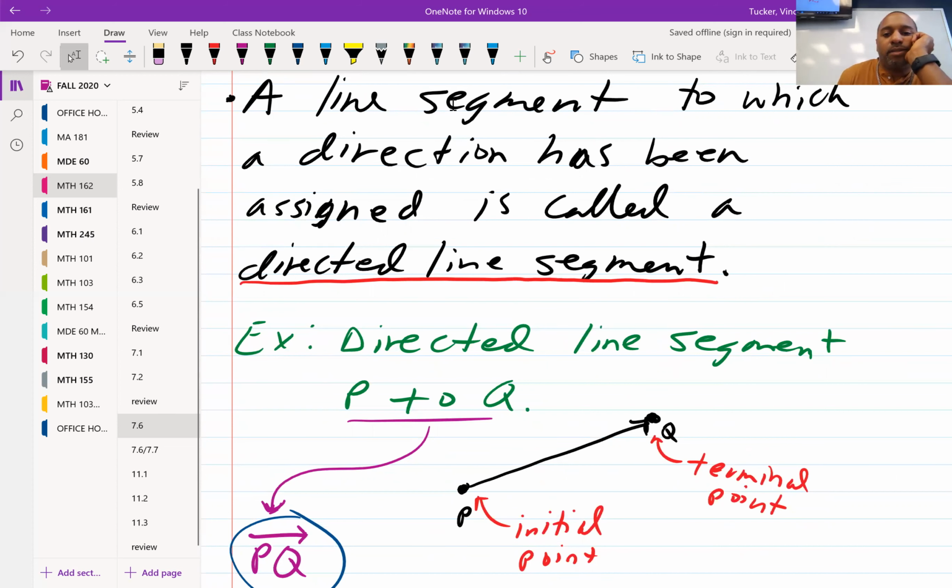An example of that is P to Q. Notice we have our initial point at P, and we're going to Q with our terminal point.